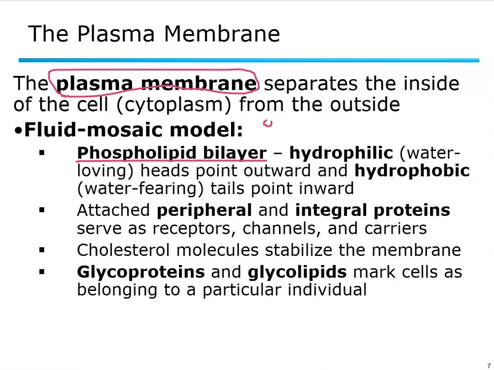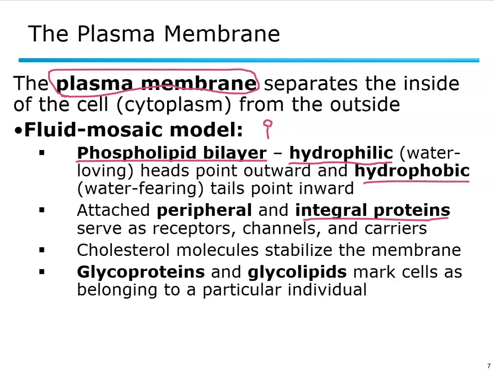Each phospholipid has a head and a tail. And if you remember the composition, the heads are hydrophilic, they are water lovers, and the tails are hydrophobic, or water fearing. Then inside of that bilayer, they have integral proteins attached, and they can work as receptors, channels, or carriers. And we have glycoproteins and glycolipids.